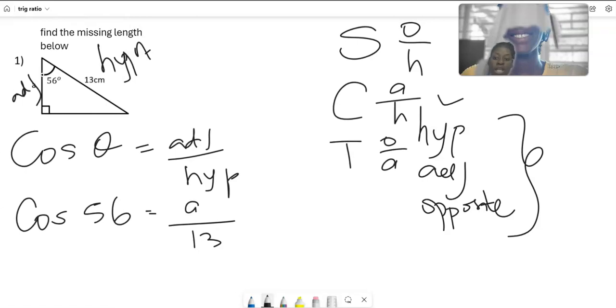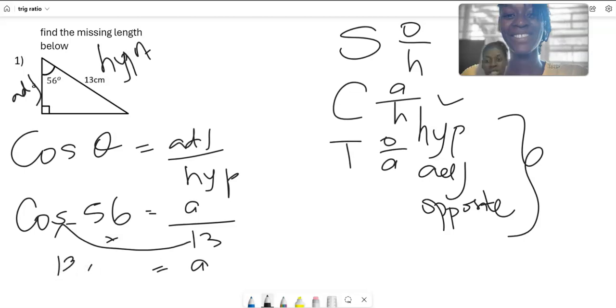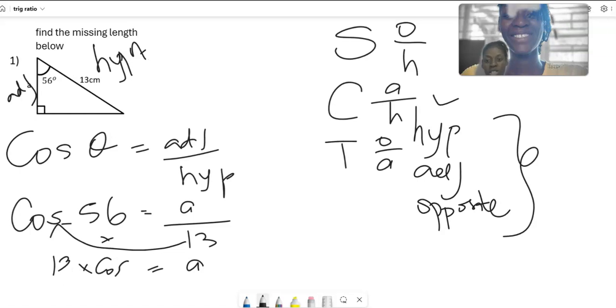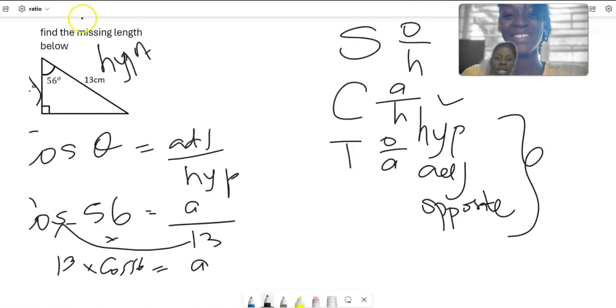If you're moving a term or an expression from one side of the equal sign to the other side, you do the opposite. We want A alone, so we would move the 13, and seeing that we're dividing by 13 over here, we would end up multiplying by 13. So A is equal to 13 times cos 56. And you would put that in a calculator and get the answer.